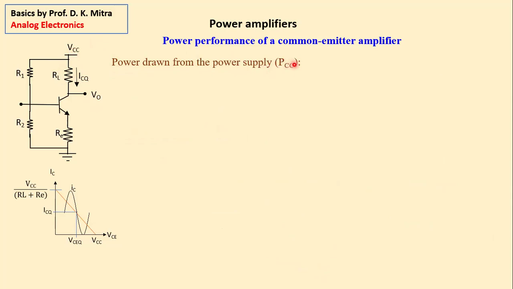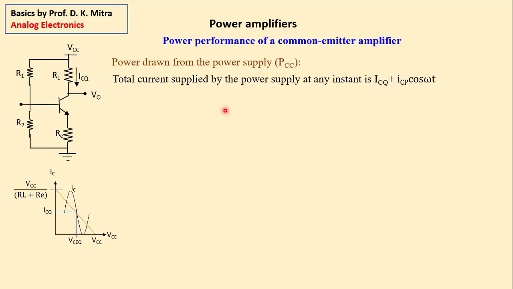That we name P_CC. The current supplied by the power supply is I_CQ plus the signal current I_CP cos omega t. The signal current also has to come from the power supply. It cannot just fall from the sky. So this is the total current drawn from the power supply.